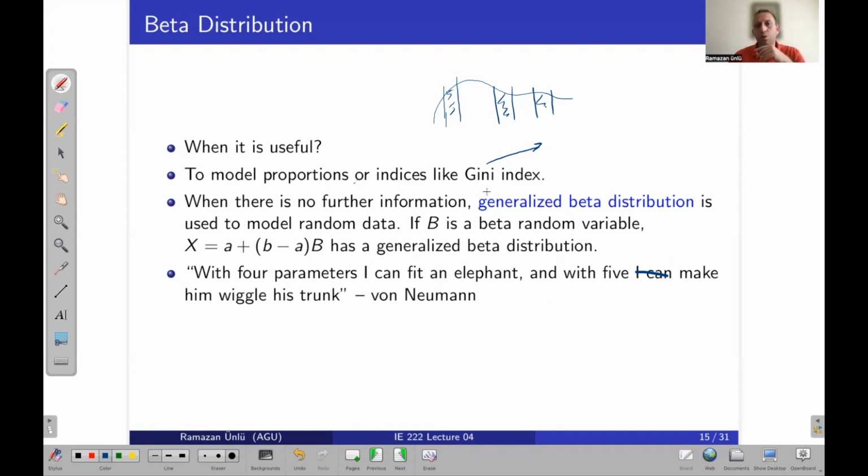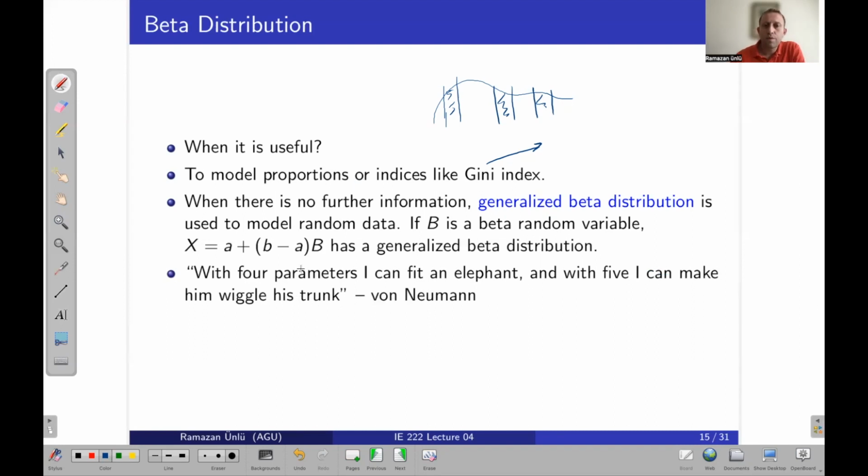If that is the case, we can use the beta distribution to model such a problem, such an income inequalities problem, okay? If you want to learn the details of these things, I don't know if you take the economics class, but if not, and if you want to learn about this index, you can look at different sources, and this is not about our class.